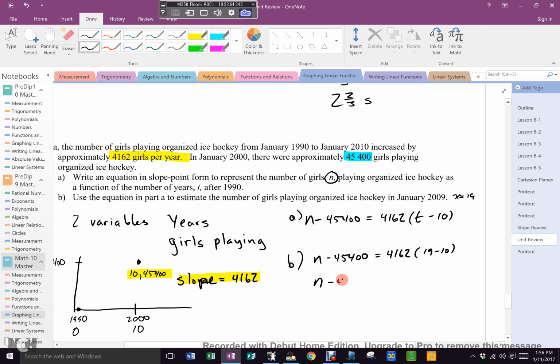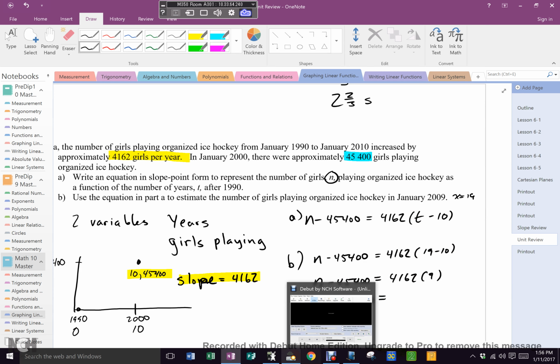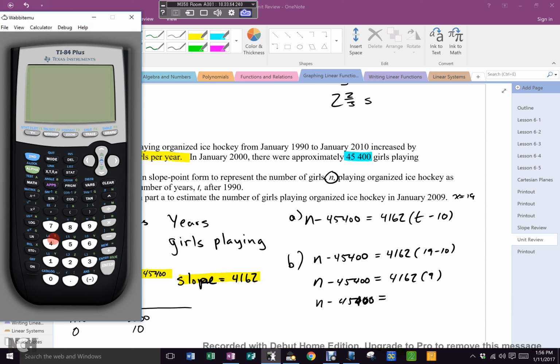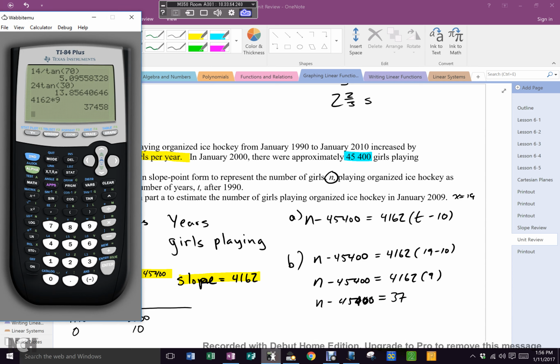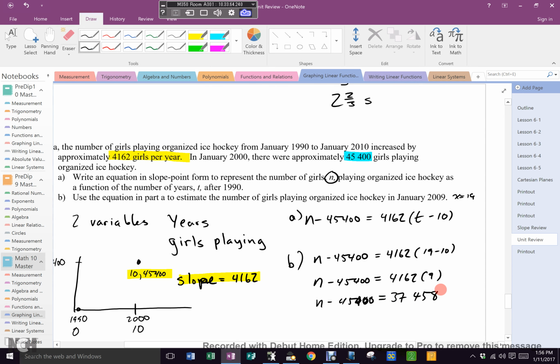So n minus 45,400 equals 4,162 times 9, which is 37,458.